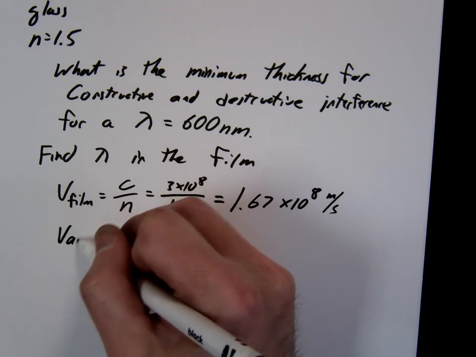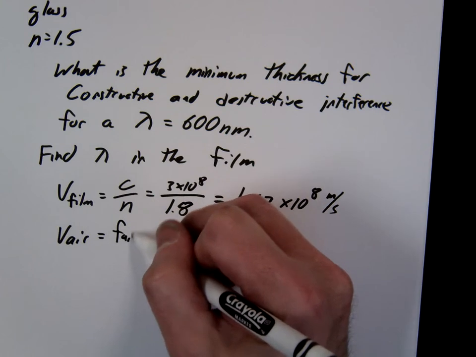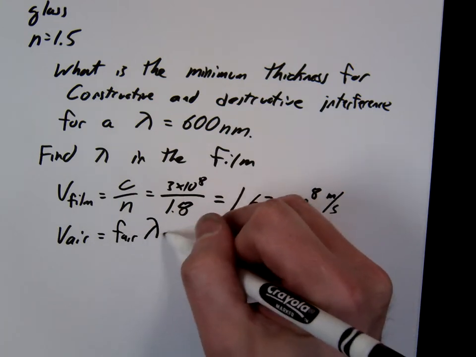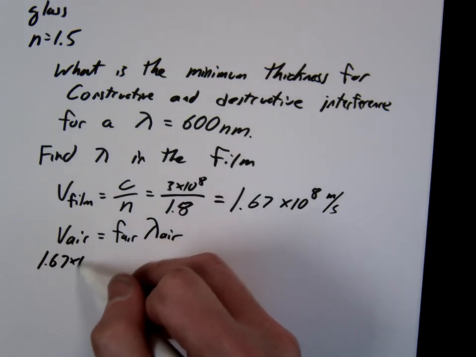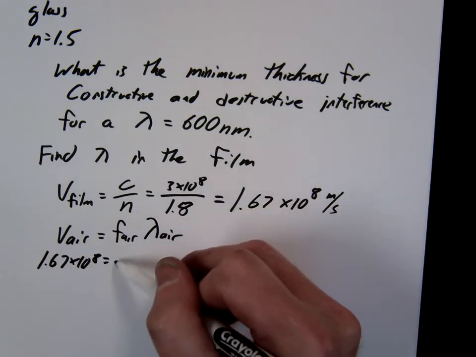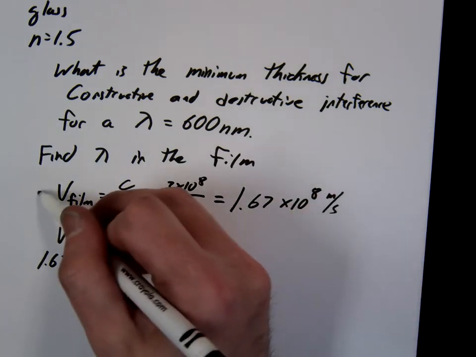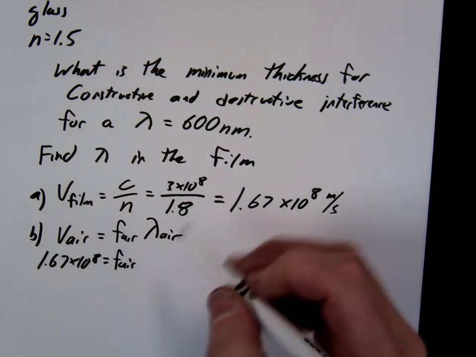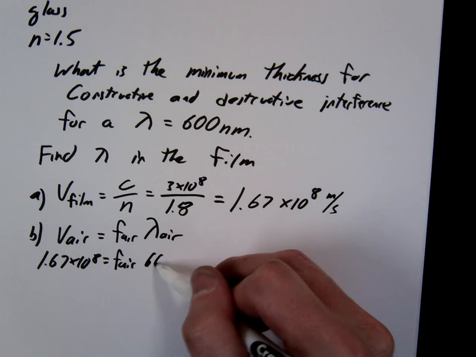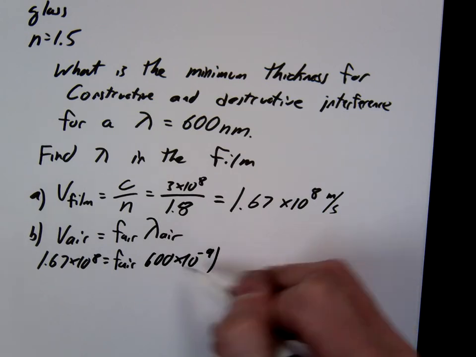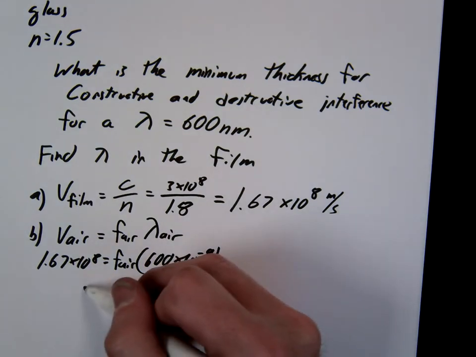So we'll go V air equals F air lambda air, and lambda air is given, right? 600. So what do you get for F air?